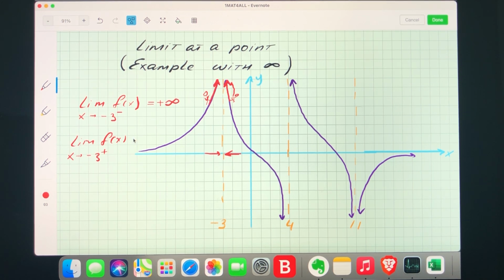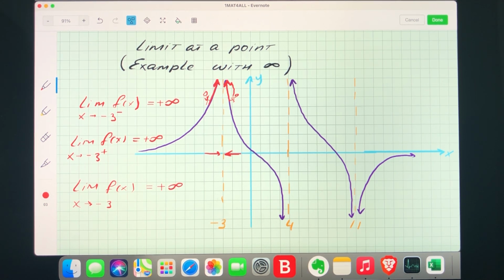And once again, the height is plus infinity. So, since the height from both sides is the same, we can say that the limit of our function as x approaches -3 from both sides is actually equal to plus infinity.